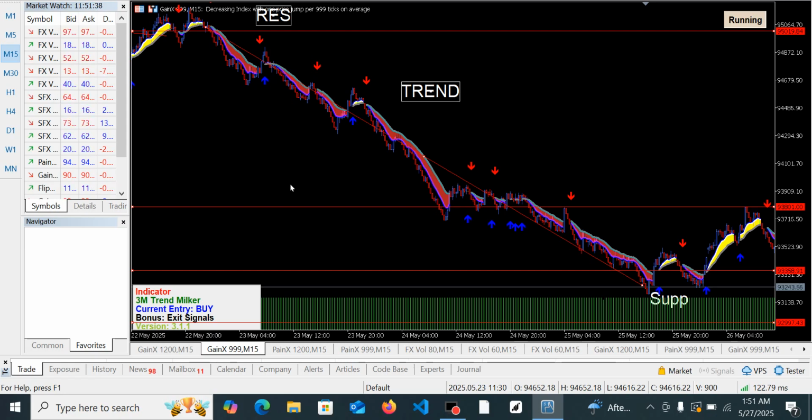Apart from understanding this, you also need to identify the resistance zone and the support zone, most especially the major ones, because that is where we are most likely to have a change in the direction of the trend or a breakout from those regions. Okay, so I believe you guys have learned a lot about the trend, the resistance zone, and the support zone in this video.